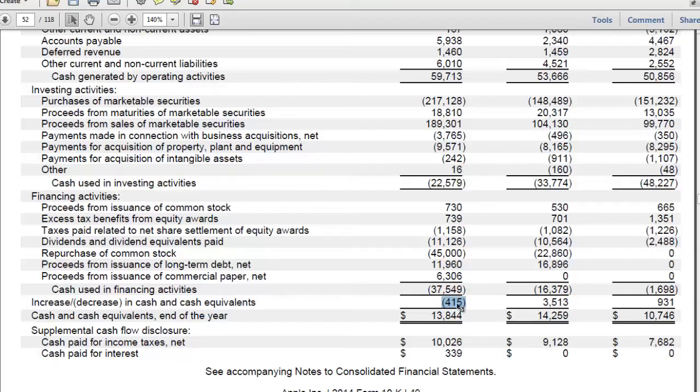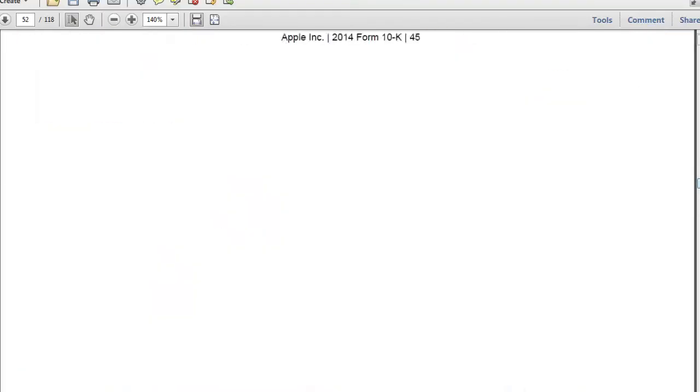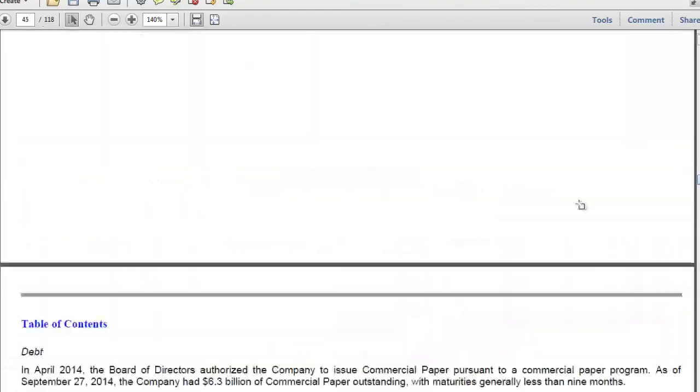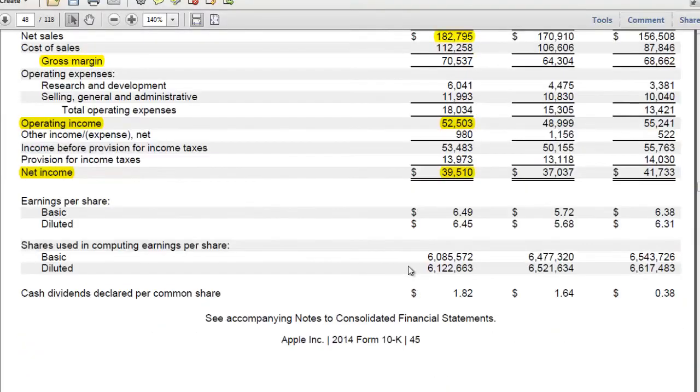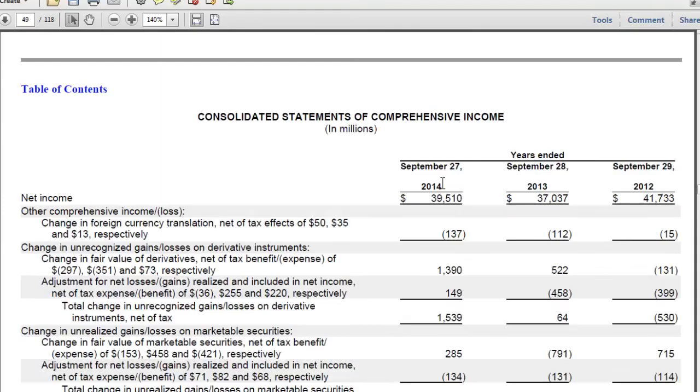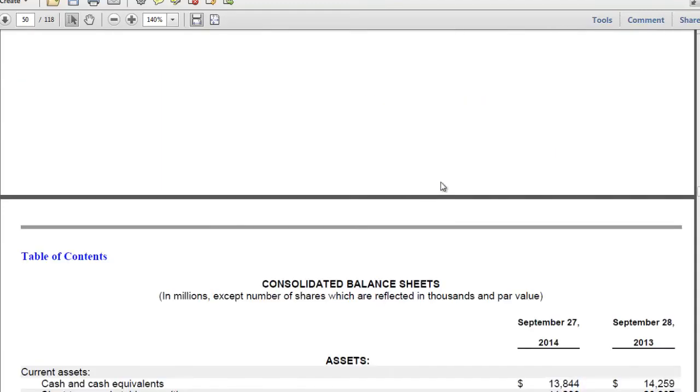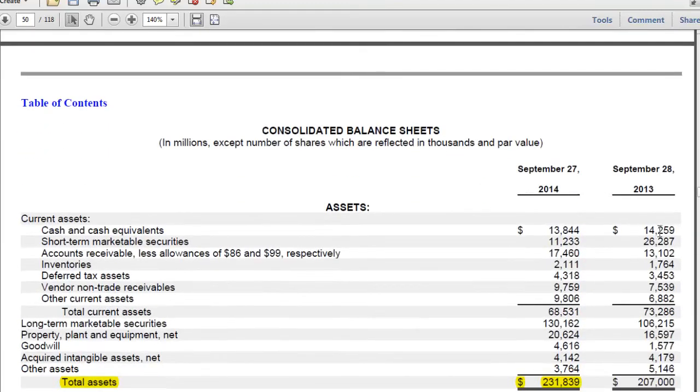And if you remember, back on the income statement here, Apple had $39 billion of net income. But when I look at the balance sheet, they started out the year with $14 billion in cash, and cash actually went down to $13 billion.